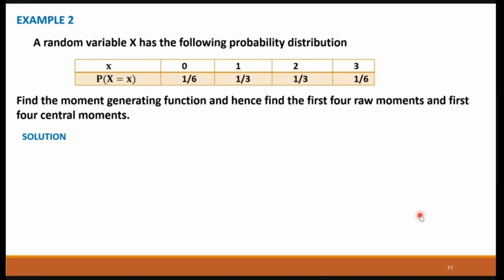Find the moment generating function. Hence find the first 4 raw moments and first 4 central moments. तो यहाँ पे पूरा निकालना है हमको. Previous problem में खाली mean और variance पूछा था. So mean was the first raw moment, variance is the second central moment.